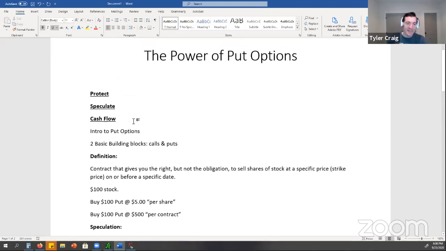If you don't own stocks and you don't like doing directional trades, you like doing more positive theta, high probability cash flow plays, you're going to like the naked put. The fascinating thing is this is all just one instrument. And yet, because it's multifaceted, you can use the put to do a variety of things. And so really everybody should be able to find something they like about using put options.